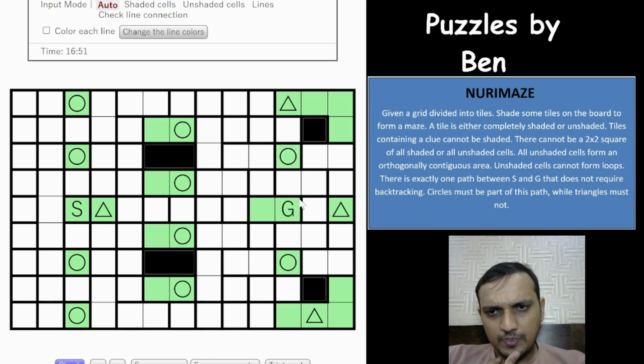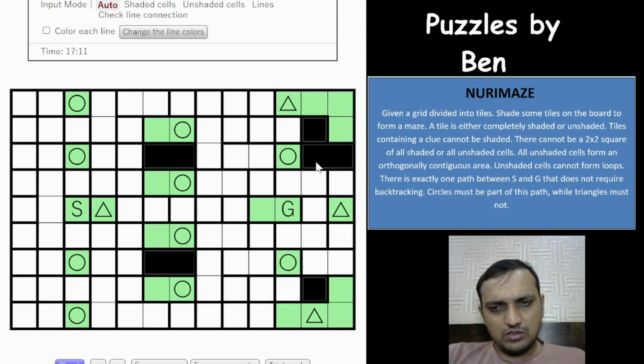Of course, if I have these two, I already know that this region is not the path that goes through this circle.